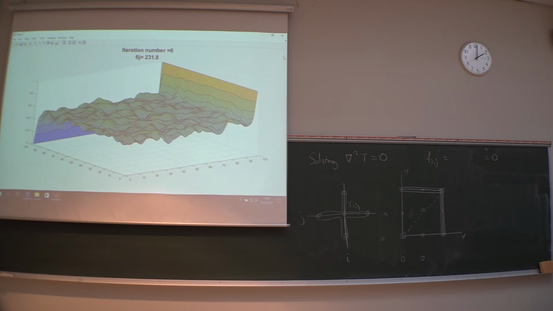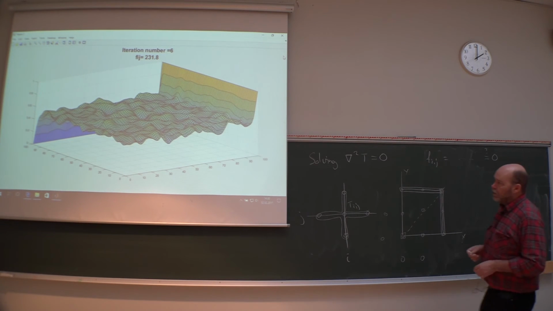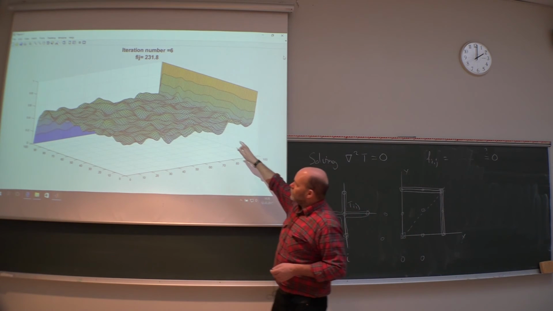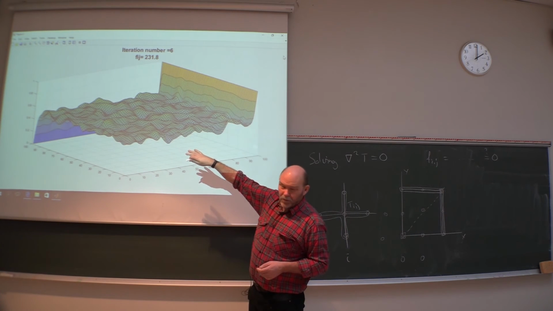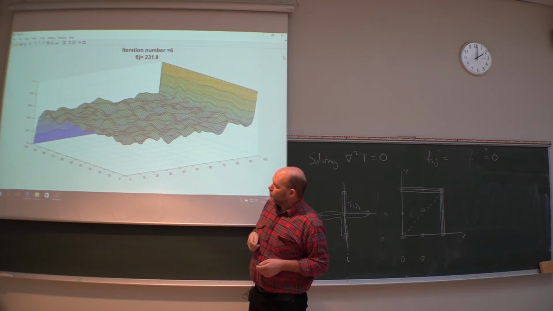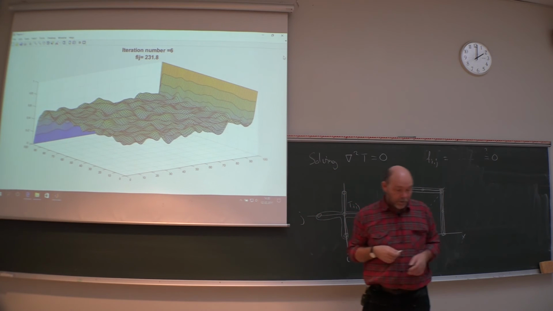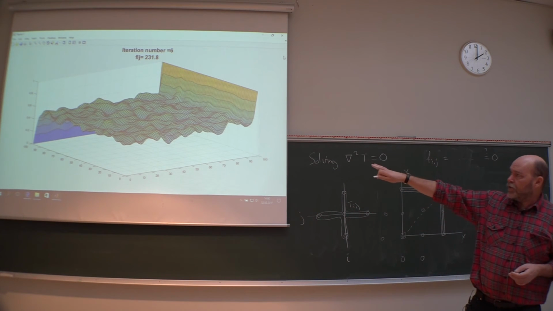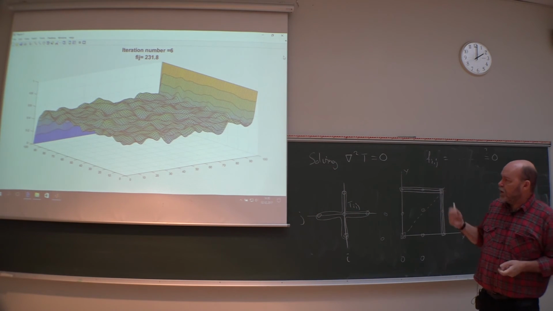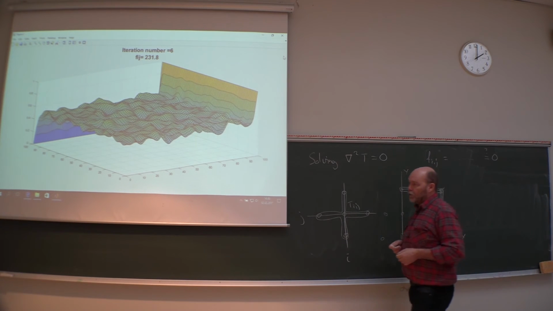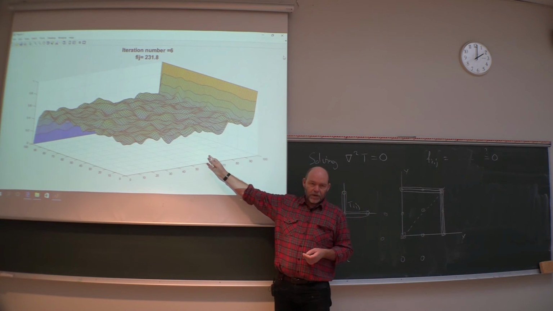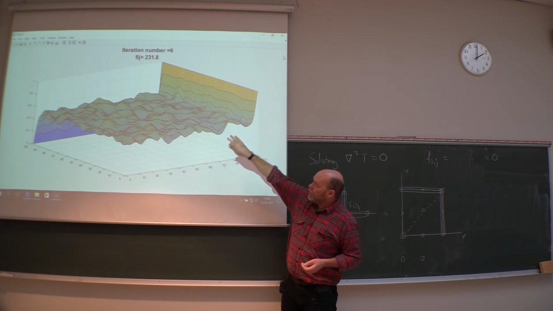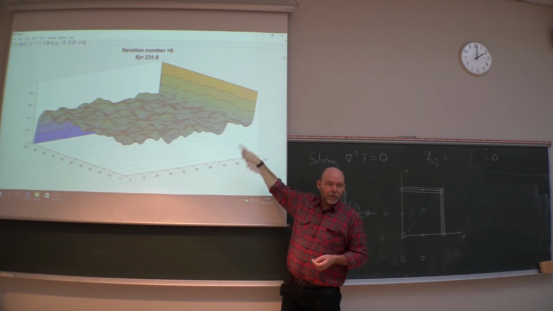Actually, in practice, 2, 3, that's enough. And then you'll have a solution that now is quite low frequent. Then you transfer this problem over to a mesh which has only half the number of cells in each direction. Then this wavy pattern will appear more high frequent.